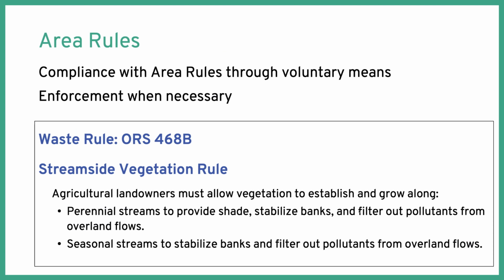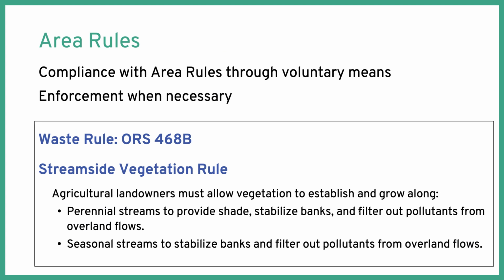There's also a streamside vegetation rule. Now, because local advisory committees developed the plans and advised ODA on the rules, there's different wordings of the streamside vegetation rule. There's probably about 30 versions of it around the state. But essentially what all those versions do is require that landowners must allow vegetation to establish and grow and provide some water quality functions.